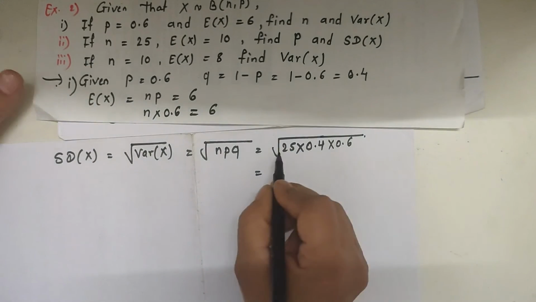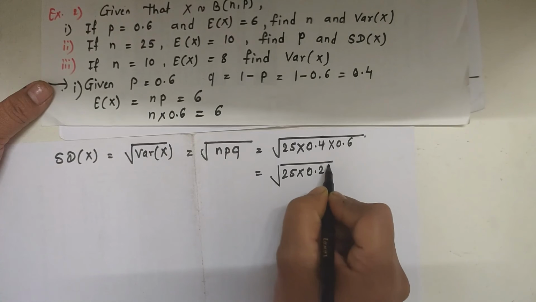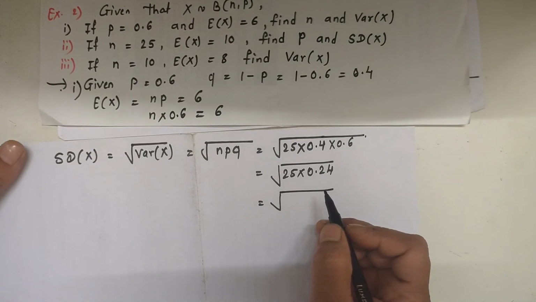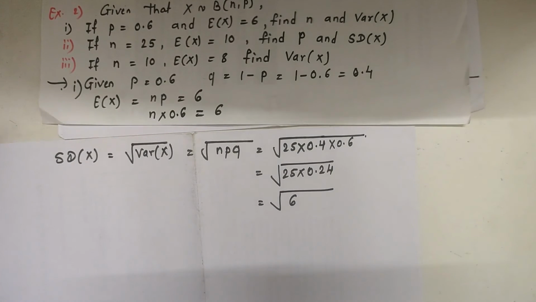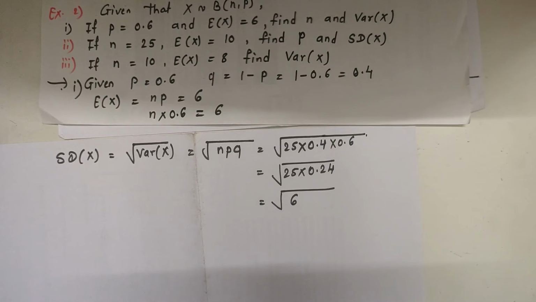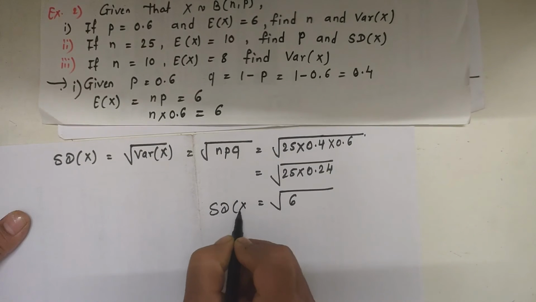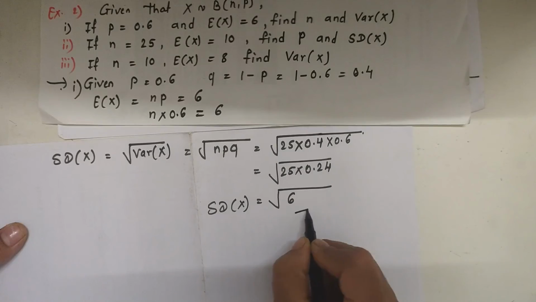So calculating all these, we get 25 into 0.24, and by multiplying 25 into 0.24 we get 6, that is under root of 6. So standard deviation of x is equal to root 6.